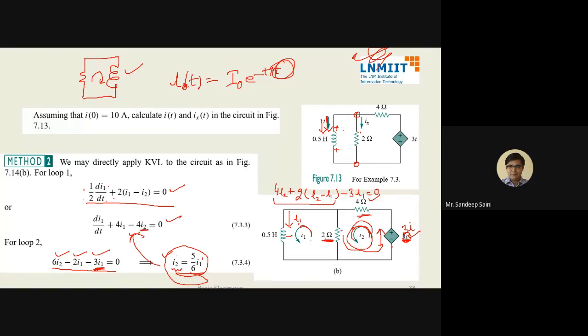Now replace this I2 with 5 by 6 I1, and I come back to this equation, and this equation is this. Now I will restructure it in the form of di1 by I1. Again, do the same thing. Integrate, natural log, exponential.